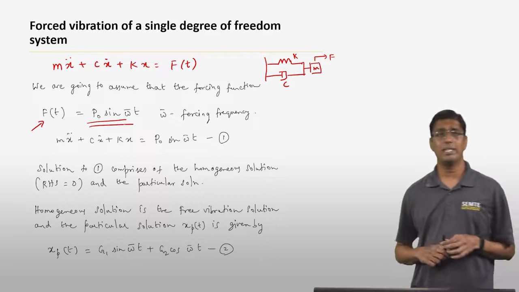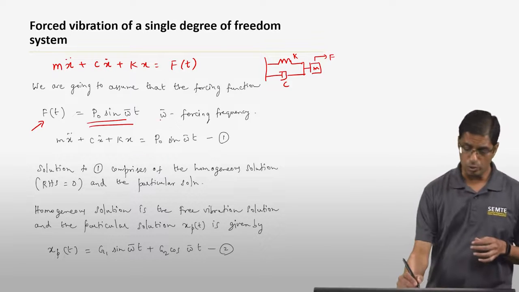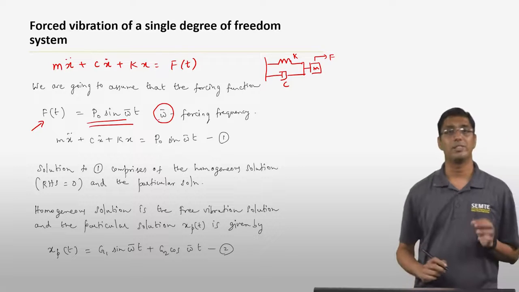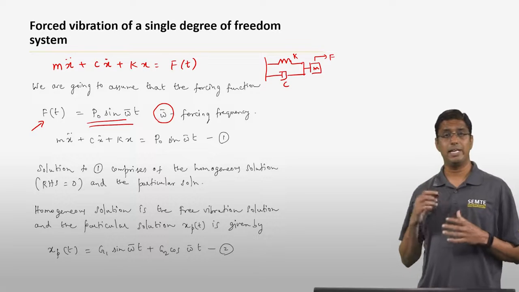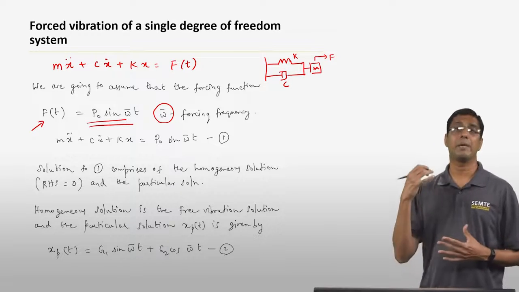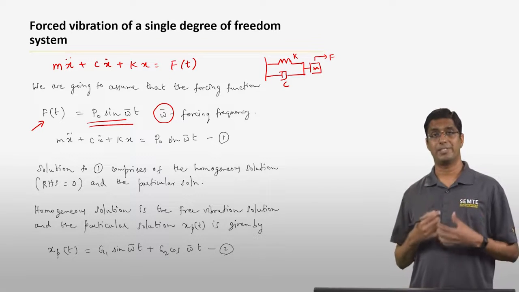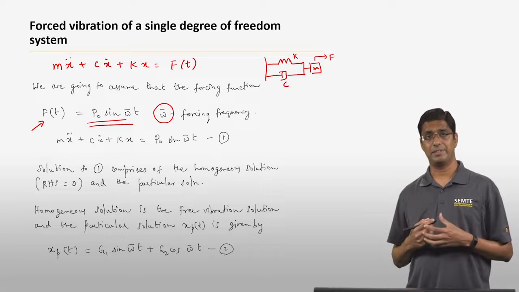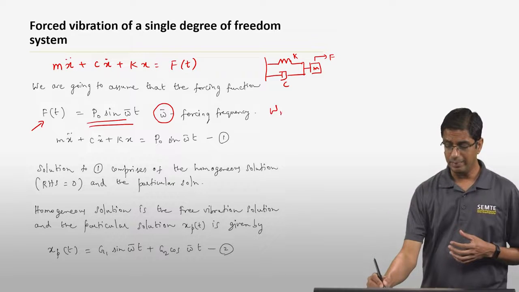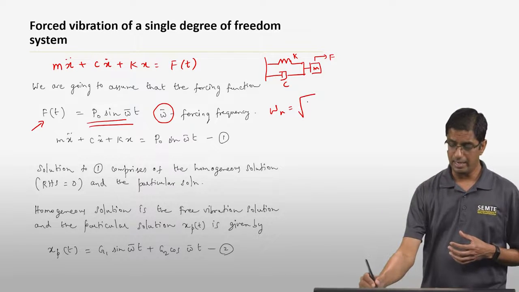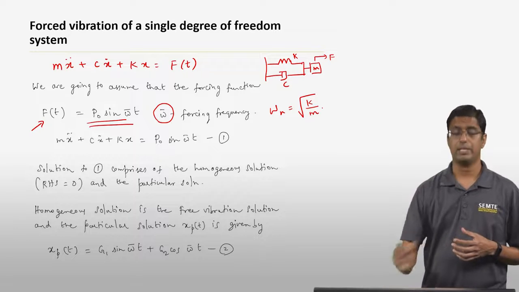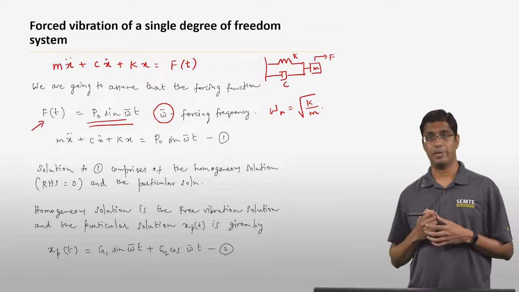One thing I want to note straight away is that this omega bar is called the forcing frequency. That is the frequency at which you are applying the force. It is different from the natural frequency of the system. The natural frequency, omega n, depends on the stiffness and the mass of the system: omega n is square root of k over m.